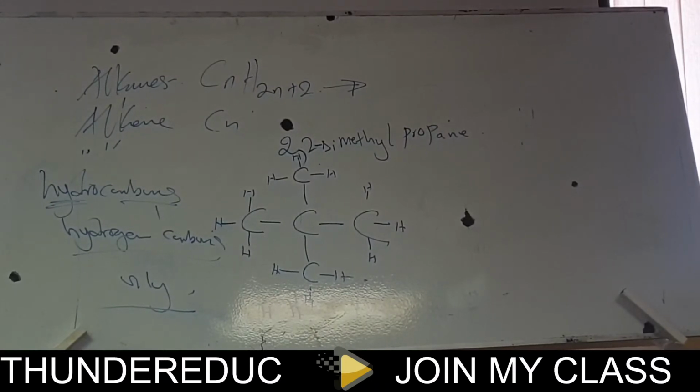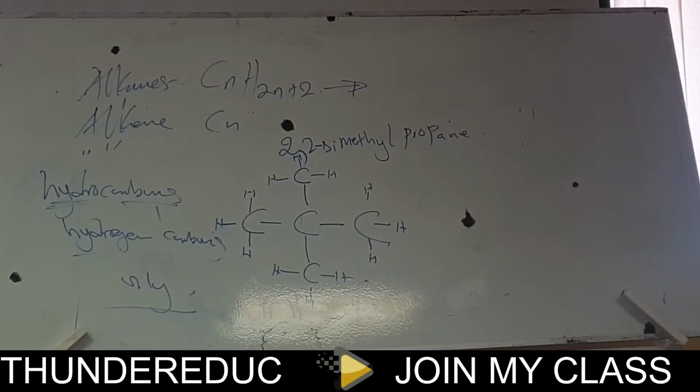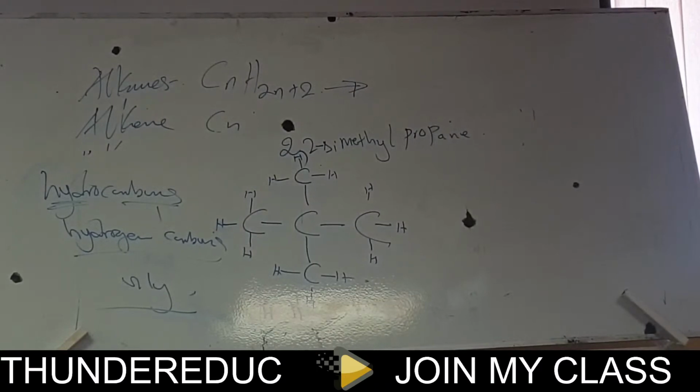Another thing before we shift from this. When you do combustion, you know combustion? It means burn. When you burn it in air, in the presence of oxygen, you always produce 2 products. Is it clear?